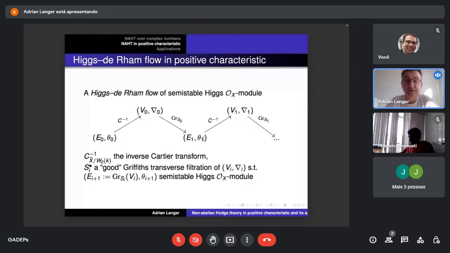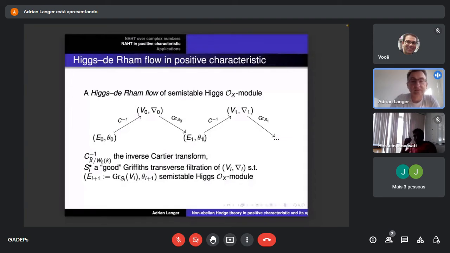This semi-stable Higgs module is still a system of Hodge bundles. So the Higgs field is nilpotent, so we can use the inverse Cartier transform to produce another O_X-module with integrable connection, and then find the filtration and so on. And then we have an infinite sequence like this, which I usually call the Higgs-de Rham sequence, but it is also called Higgs-de Rham flow.